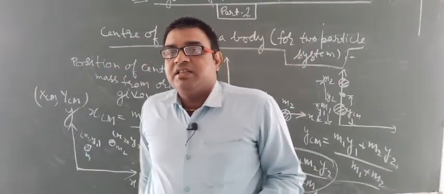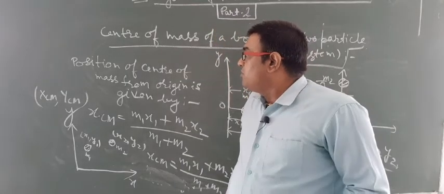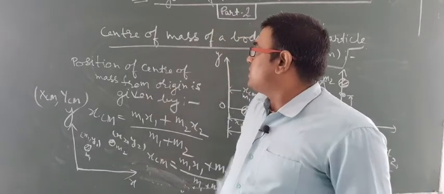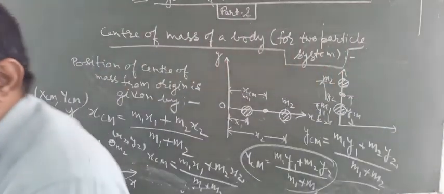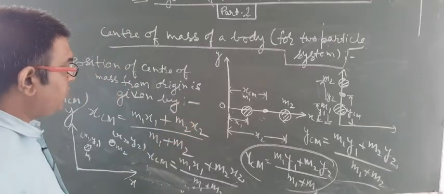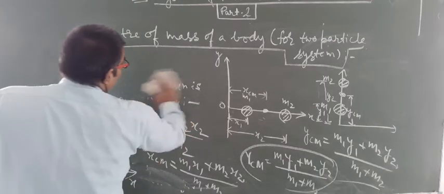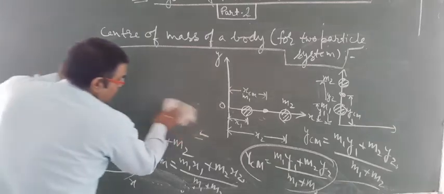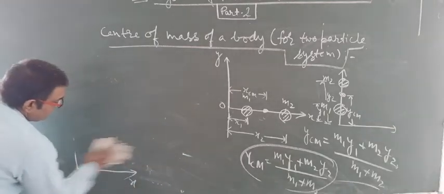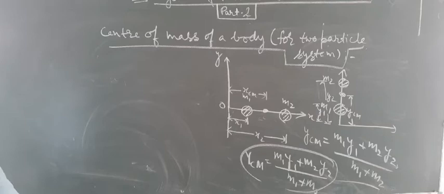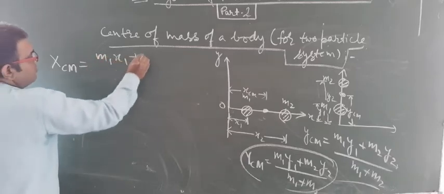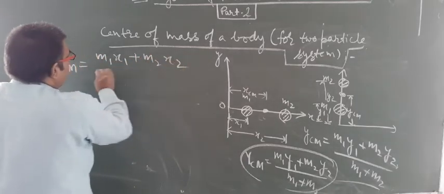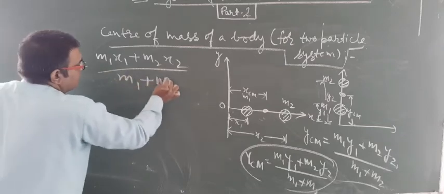So this is the case for the center of mass of the two particle system. Now in case of two particle system, if all the masses are of equal magnitude, then xcm can be written as m1 x1 plus m2 x2 upon m1 plus m2.